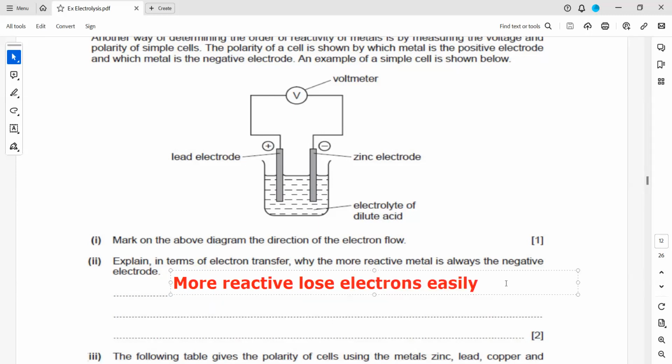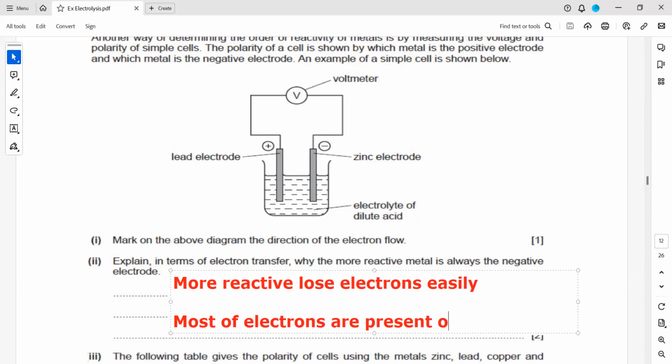And when it loses electrons readily, most of the electrons are present on the more reactive metal.